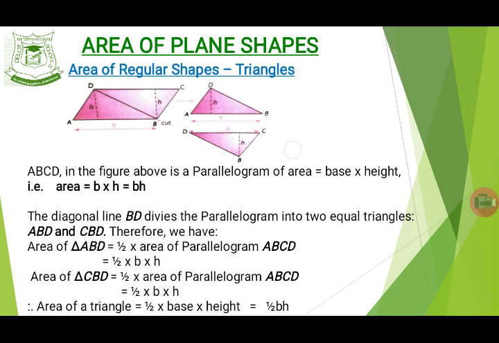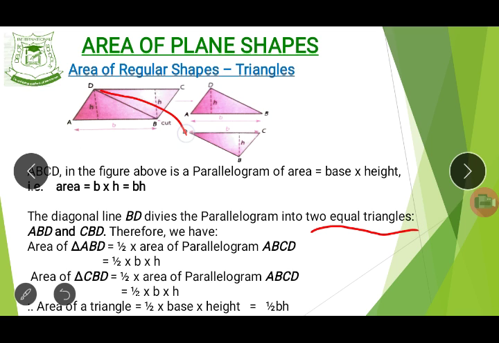Let me pick my pen now so I can mark them for you. So it divides it into two equal triangles, as you can see here. The two equal triangles are there because when you join them together, it forms the parallelogram also.